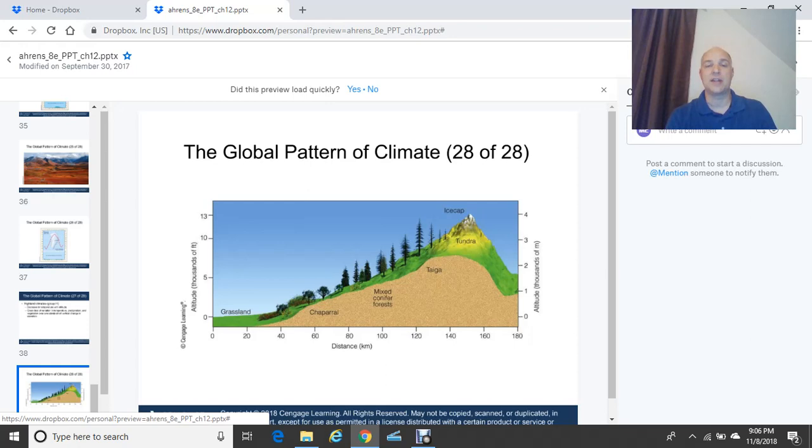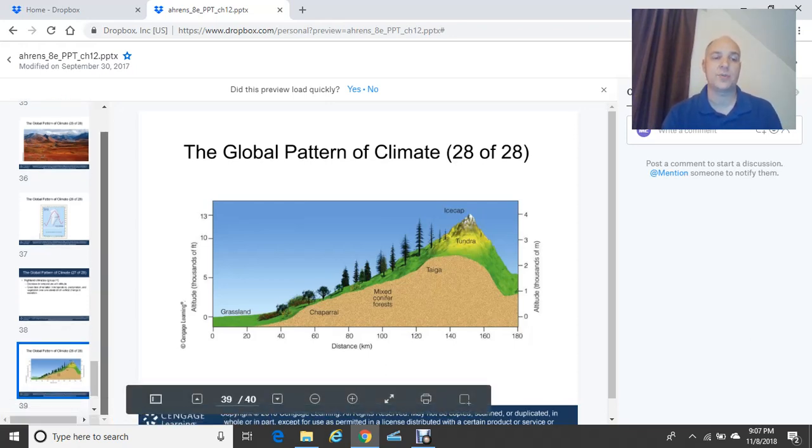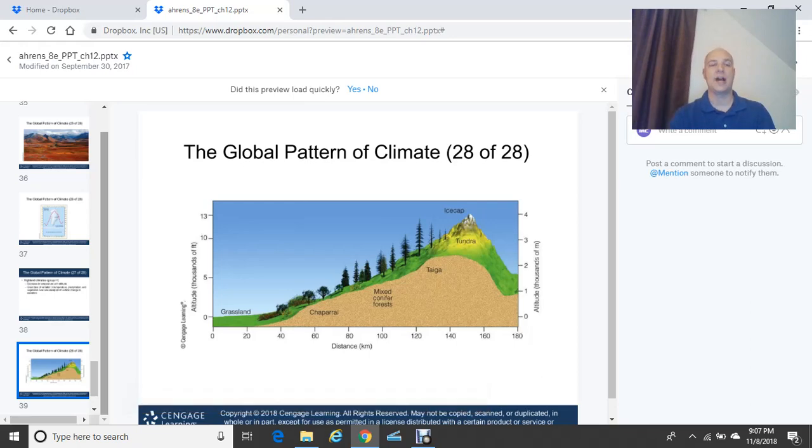The taiga, a little bit of a tundra landscape just below the base of the ice cap. So in a Highland climate, you can have a wide range of vegetation due to the changes in air temperature, with of course air temperature being much colder the higher up you get.